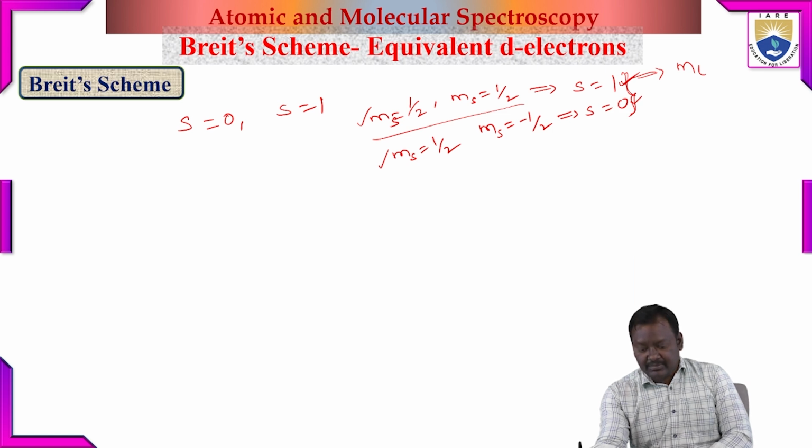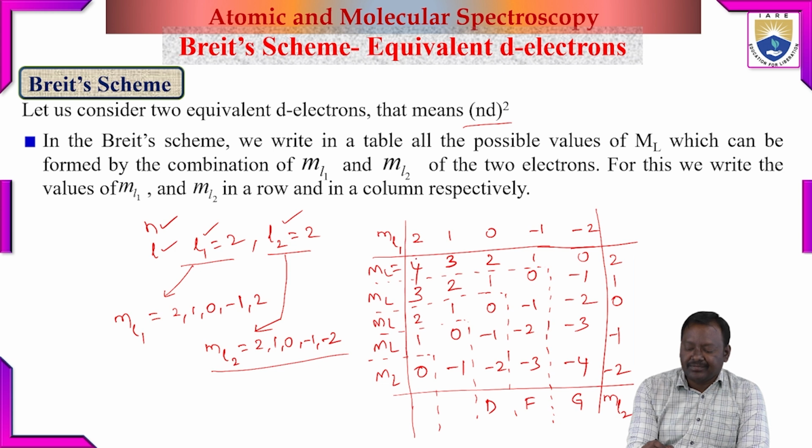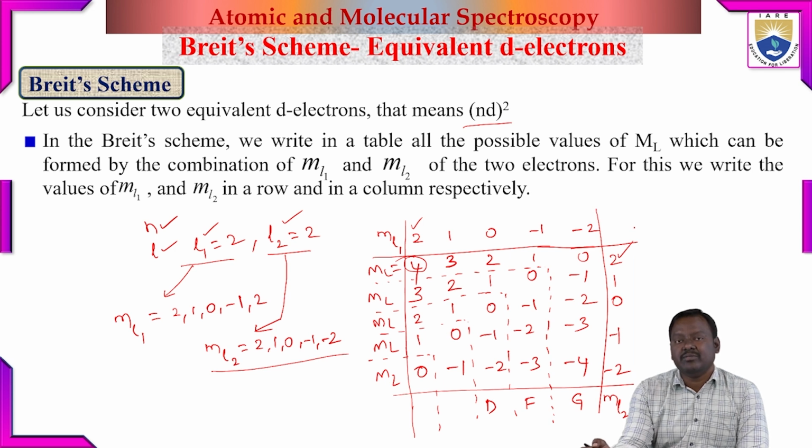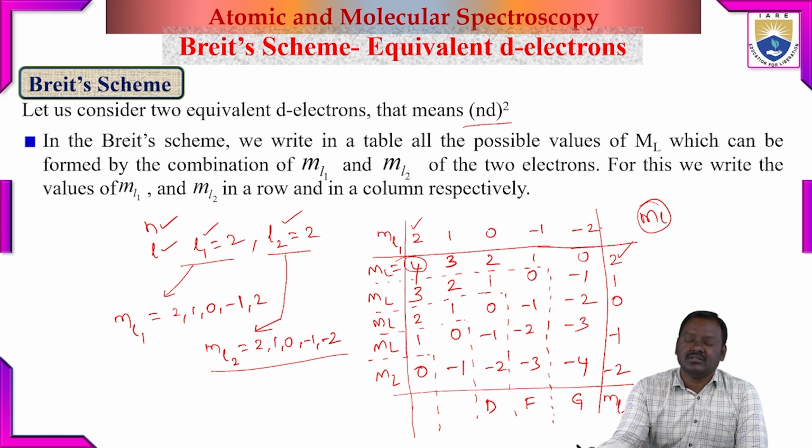So whenever we observe the table here, we are getting 4 when the first electron has ml value 2 and the second electron has ml value 2. That means the ml value is the same for the two electrons.